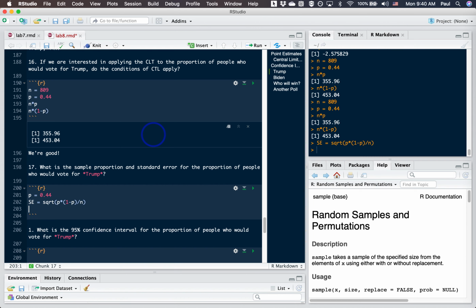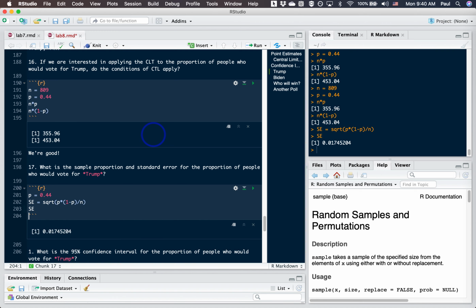So let's look at what the standard error is. The standard error in terms of percent is about 1.75%. So this is the standard deviation of our sample.